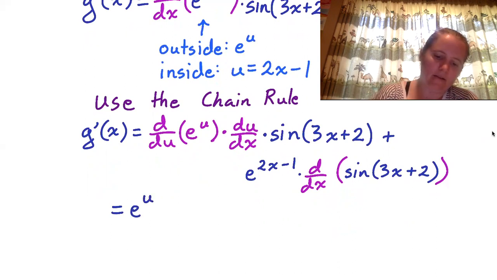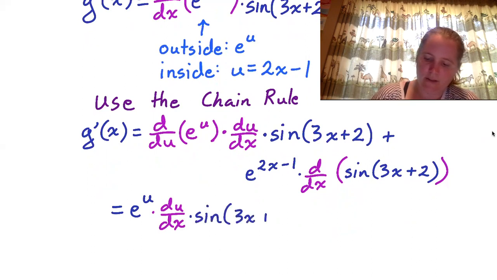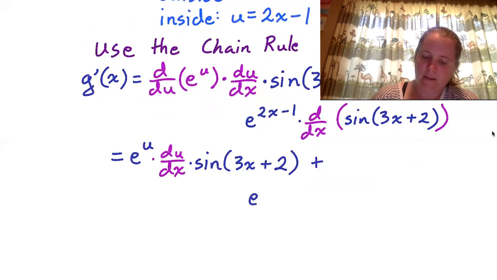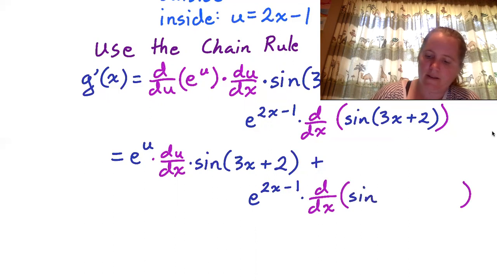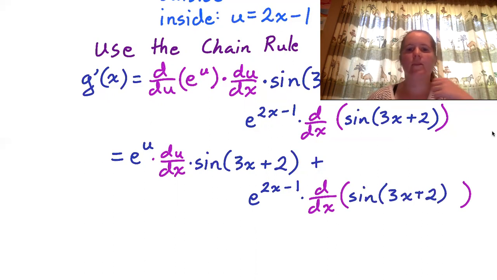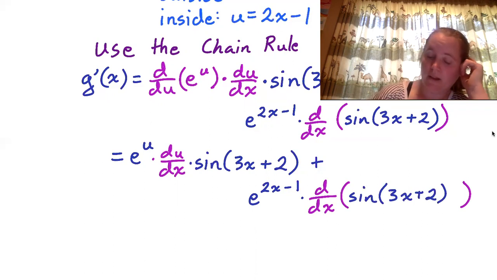And then we have times du dx times sine of 3x plus 2 plus e to the 2x minus 1 times the derivative with respect to x of sine of 3x plus 2. From here, we're going to go ahead and plug back in.